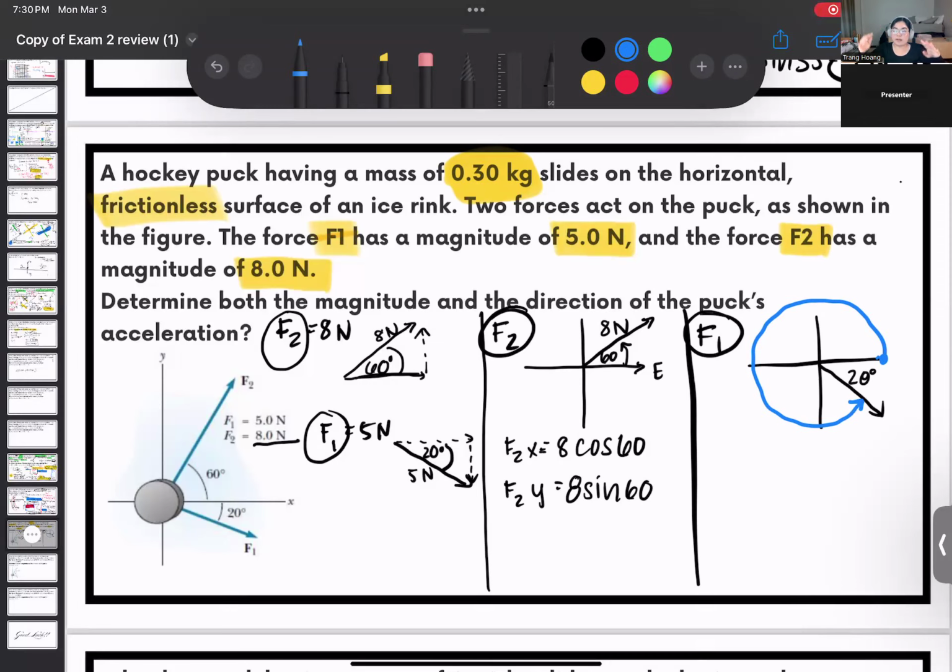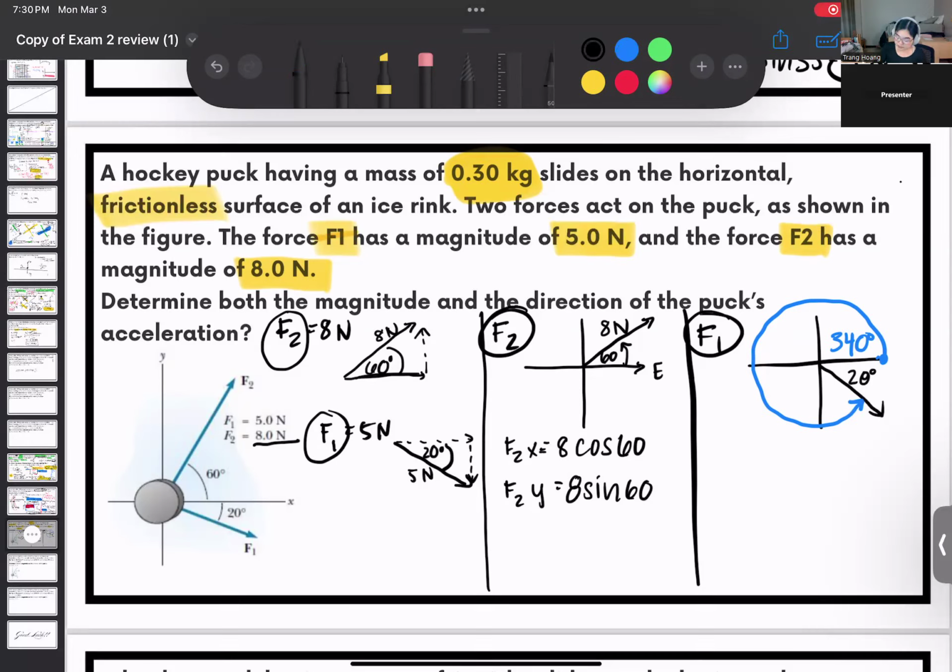I want you to think about a circle: 2 pi, 360 degrees, a full revolution, right? So if we want to find this little magical blue angle, we do 360 minus 20, which gives us 340 degrees. We're not using 20 degrees, we're using 340, because that is the angle from the east axis.